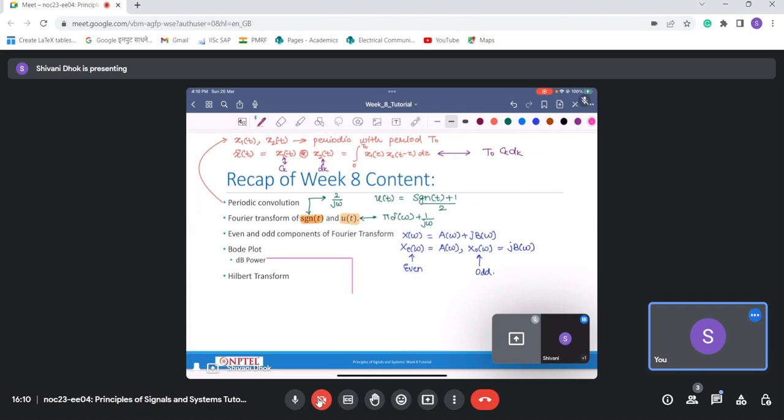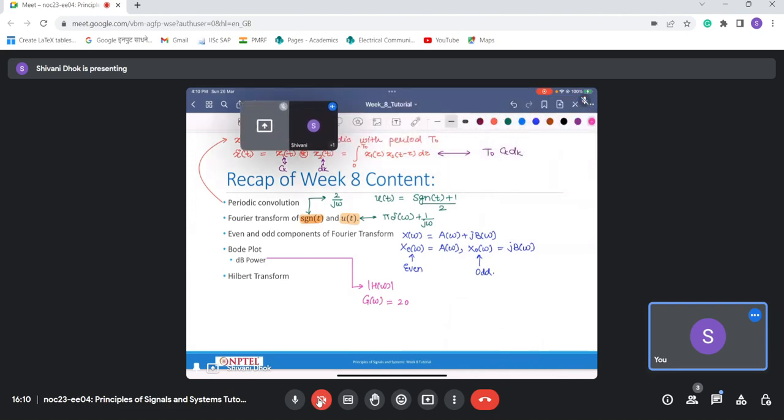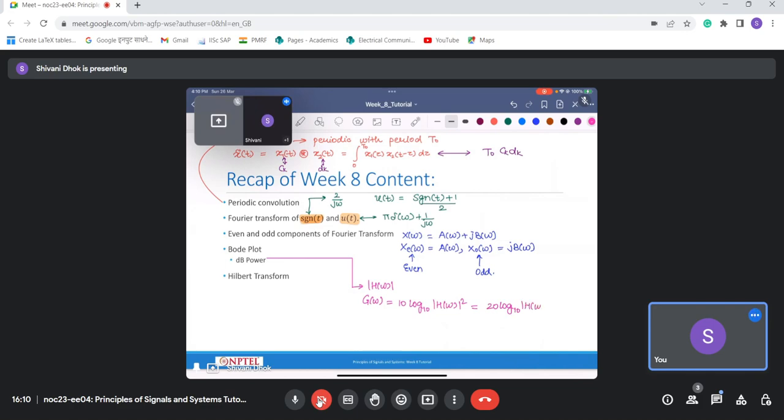This dB power is defined as follows: if mod H(omega) is the magnitude response of any system with impulse response h(t), then its dB power G(omega) is basically 10 times log to the base 10 of mod H(omega) squared, which is equal to 20 times log to the base 10 of mod H(omega).